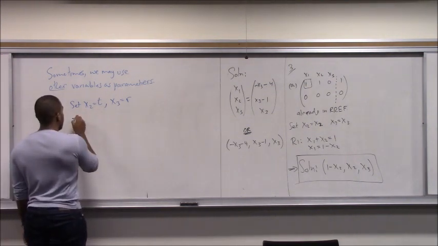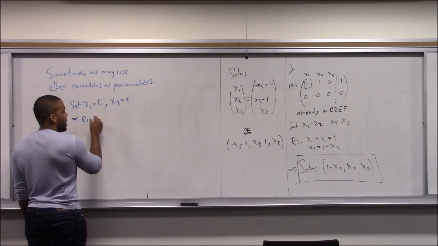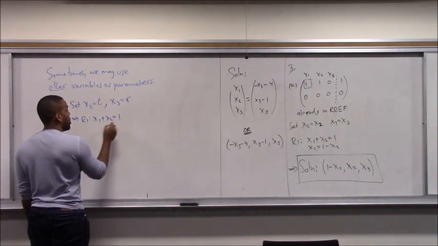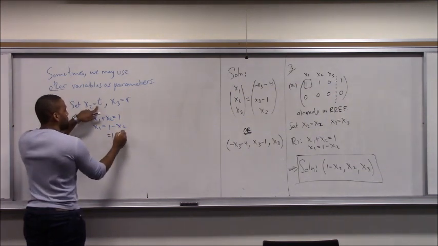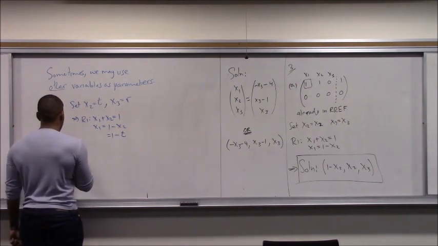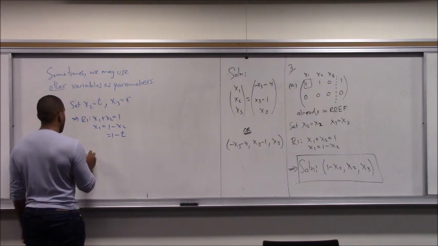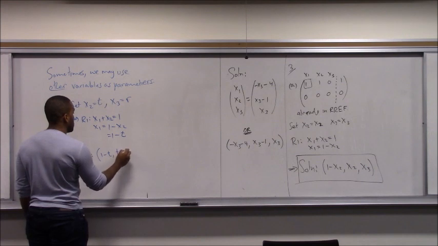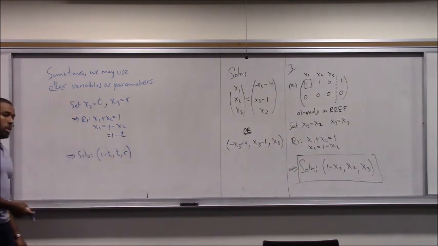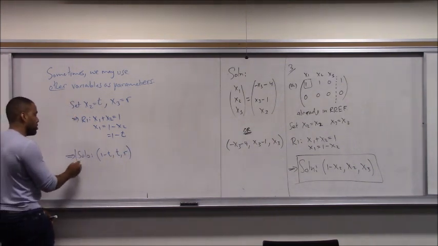Then in row 1, you would have x1 plus x2 equals 1, so x1 is equal to 1 minus x2. But your x2, they called t. So the solution could be written as 1 minus t, comma, t, comma, r. If you see a solution expressed like that, it shouldn't confuse you.